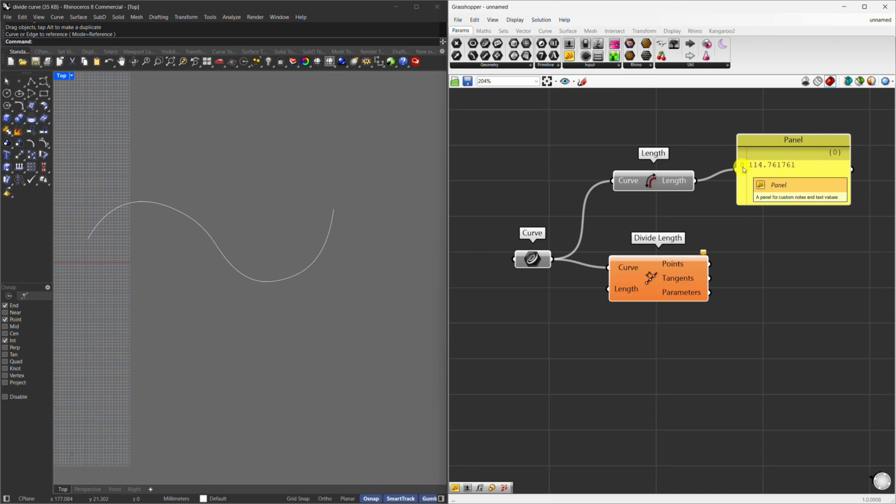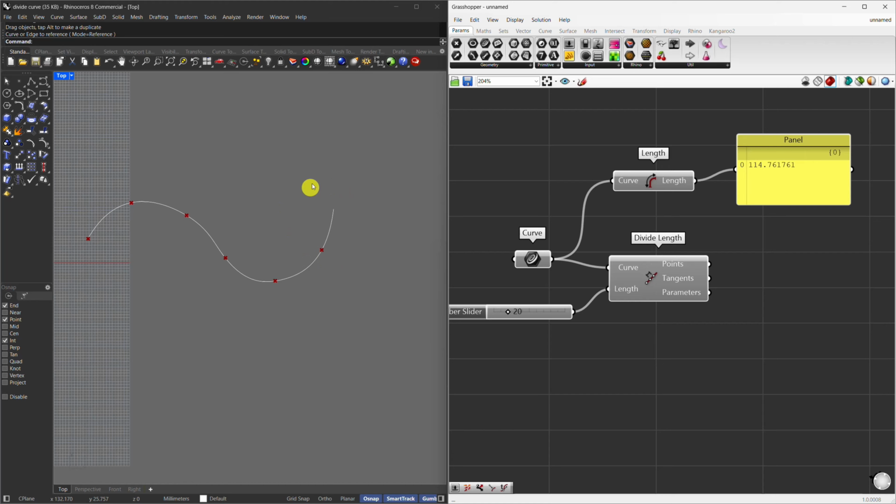It is 114 mm. Okay, let us have a 20 mm panel. Let's connect. So 20, 20, 20, 20, 20, and the balance is whatever it is.